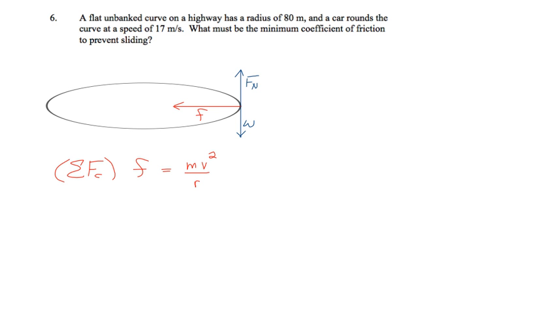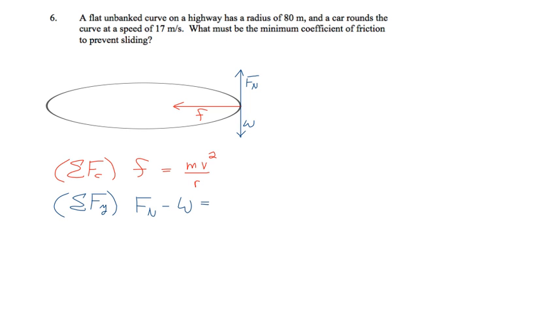This is going to be in kilograms, that's going to be in meters per second, and that's going to be in meters. So I will produce the units, newtons, for my frictional force. Now, if we sum up our forces in the y direction, because we do have a y direction, it's vertical, perpendicular to the centripetal direction, we're going to have Fn up and W down.